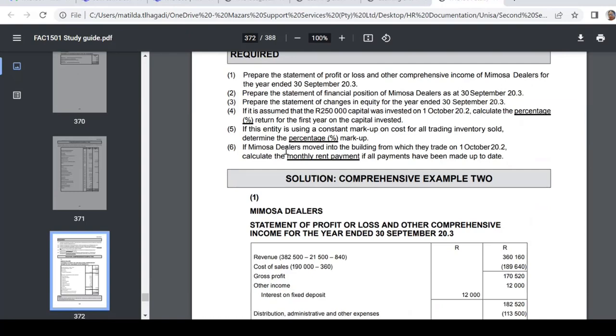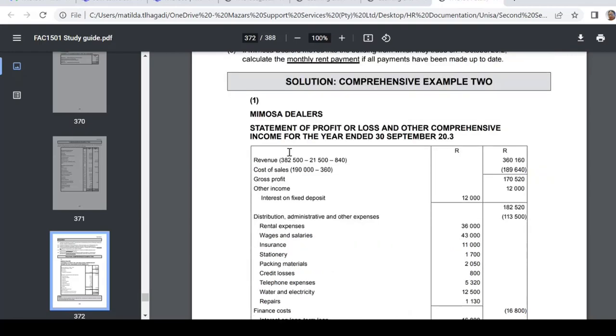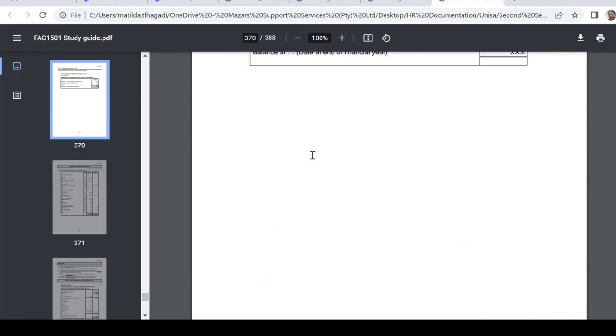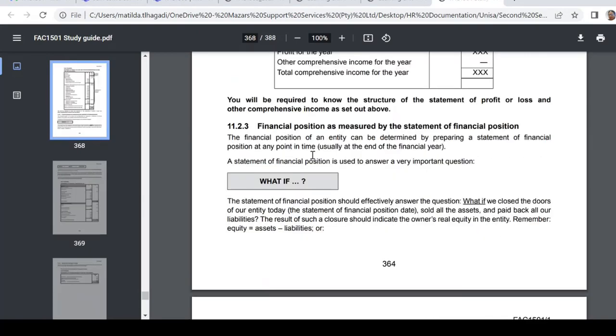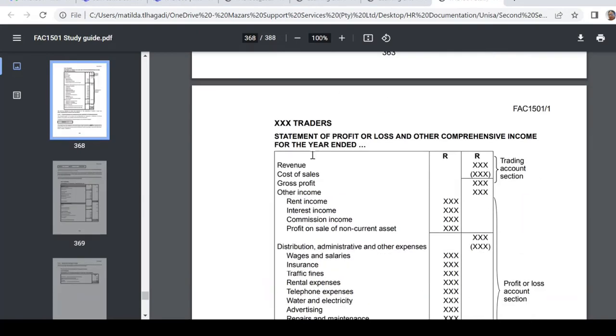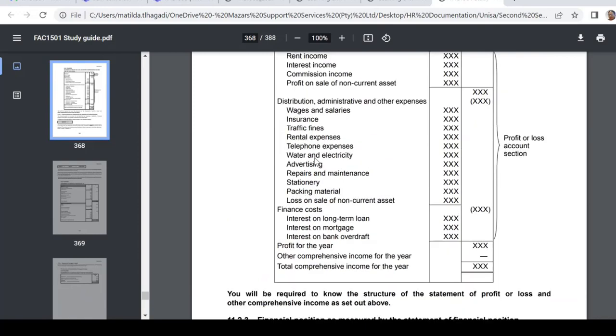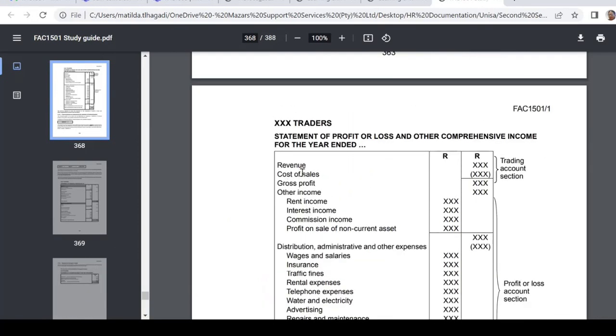Oh, so they wanted the monthly rate payment, which is 36,000 divided by 12. That gives us 3,000.